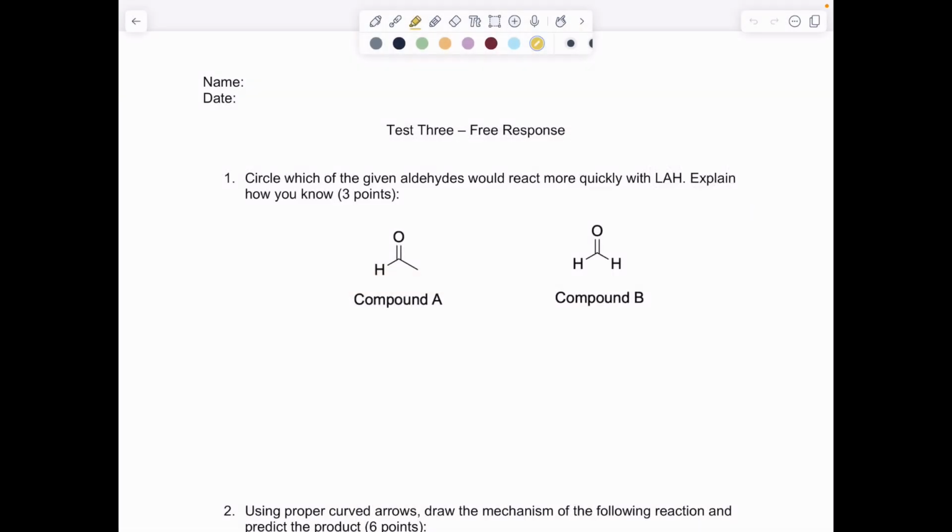All right, let's jump over to the free response. Question 1 says, circle which of the given aldehydes would react more quickly with LAH. Explain how you know. So LAH basically just acts as an H-, and it's going to attack at the carbonyl position, so either here or here, and it will reduce your ketone or aldehyde into an alcohol with an acid workup.